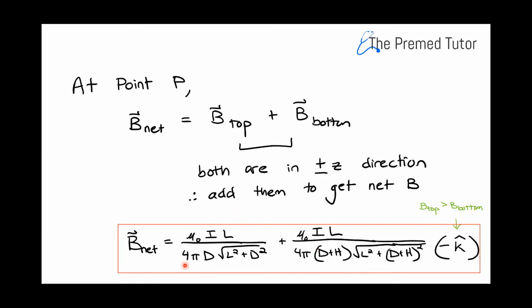That means that this first term, which is the magnetic field caused by the top wire, is what's going to dominate. So its magnitude is greater than the magnitude of the bottom wire, which means that the direction is going to be slightly favoring the magnetic field created by the first wire, which, as you'll recall, goes in the minus k hat direction, or into the page, into the screen.